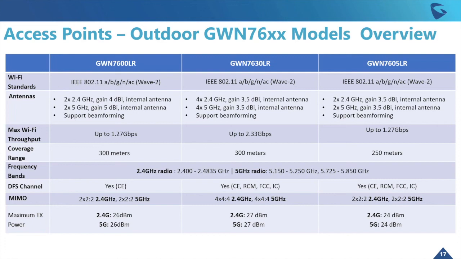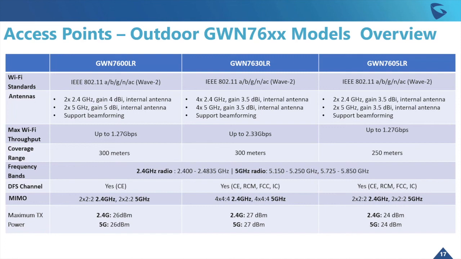The GWN7630 can provide you with 2.33 gigabits per second, and the GWN7605LR can provide you with up to 1.27 gigabits per second. The coverage range is approximately the same, in the range of 250 to 300 meters.